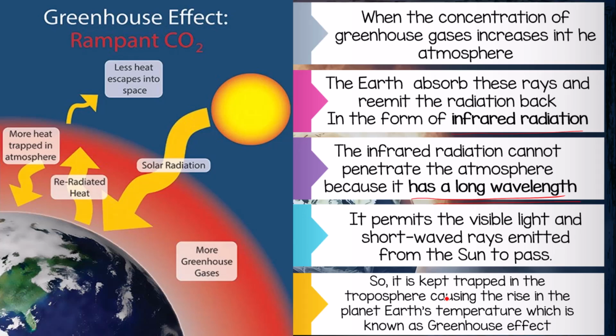The infrared radiation cannot penetrate the atmosphere and escape to space because it has a long wavelength, so it is reflected back to Earth, and the Earth absorbs that infrared radiation, which increases the air and Earth's temperature.